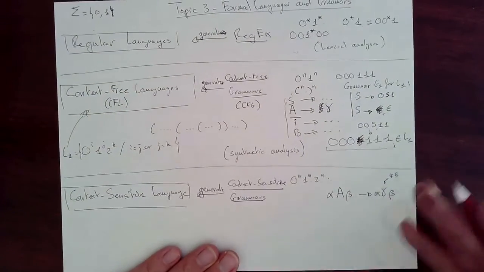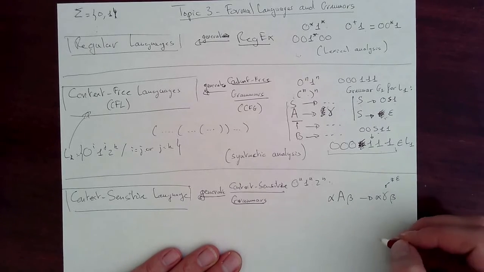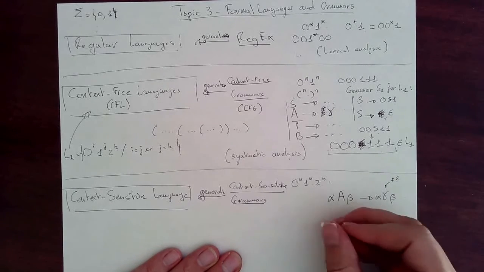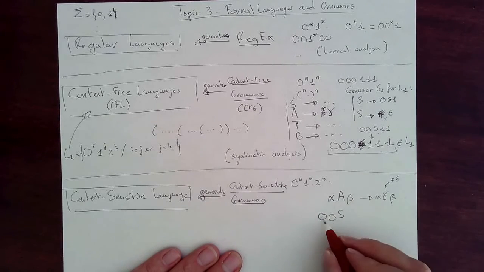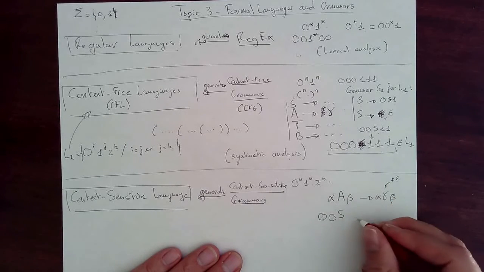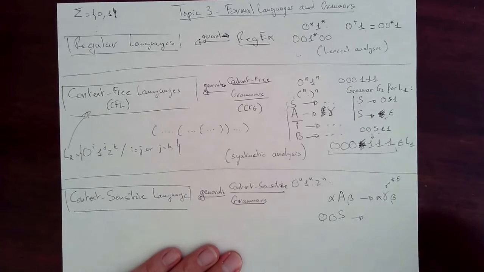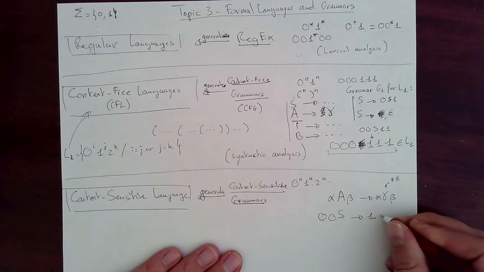We're not going to go through a lot of examples because that would take forever. But now I can say 0, 0, S. So if I have 0, 0, S, I can replace that by 1A0.